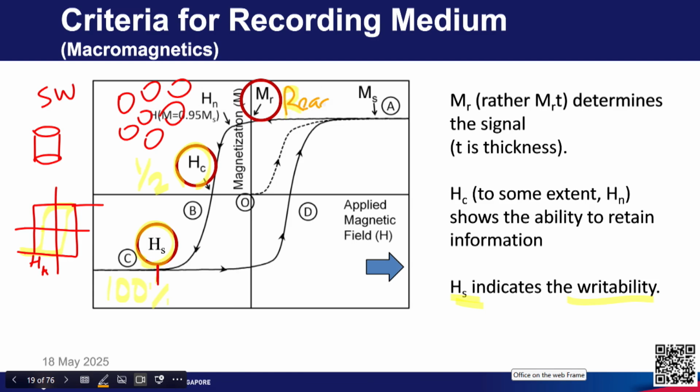Okay, so MRT is related to reading, coercivity is related to writing and storing, and Hs is related to writing of information.